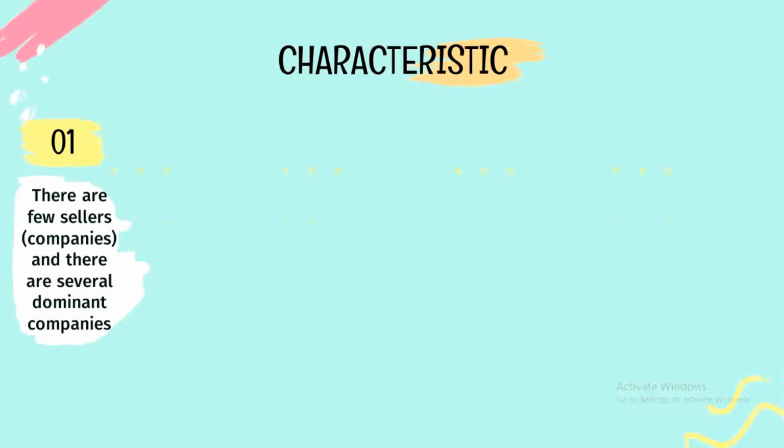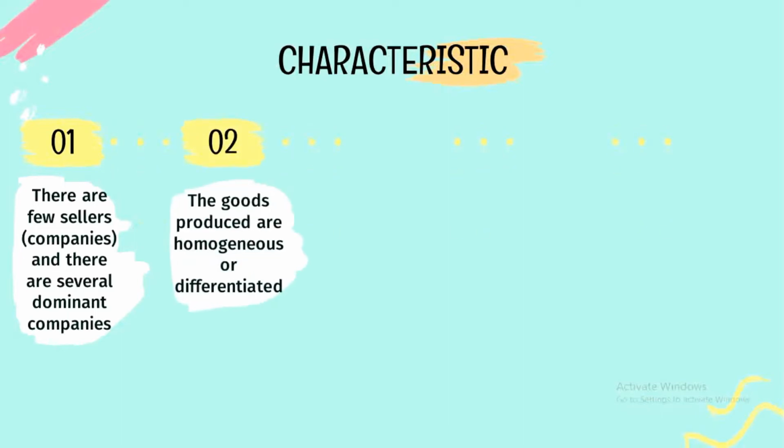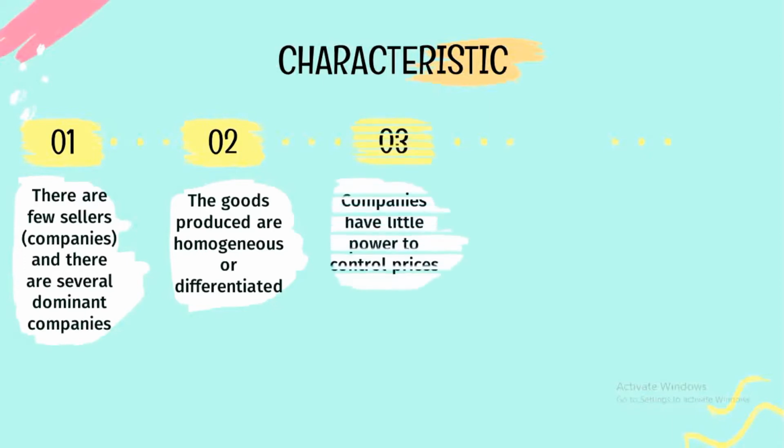Number 2, the goods produced are homogeneous or differentiated, such as cement, gasoline, crude oil, cigarettes, water, etc. Homogeneous goods in the oligopoly market are always interdependent and related to each other, because if a business actor who dominates the market increases their prices, automatically others also raise the price and vice versa. Number 3, companies have little power to control prices.